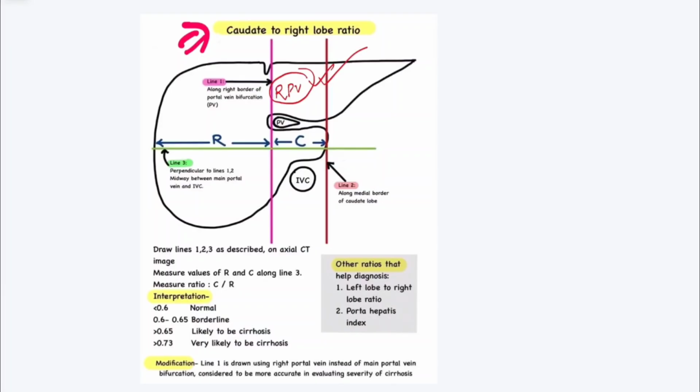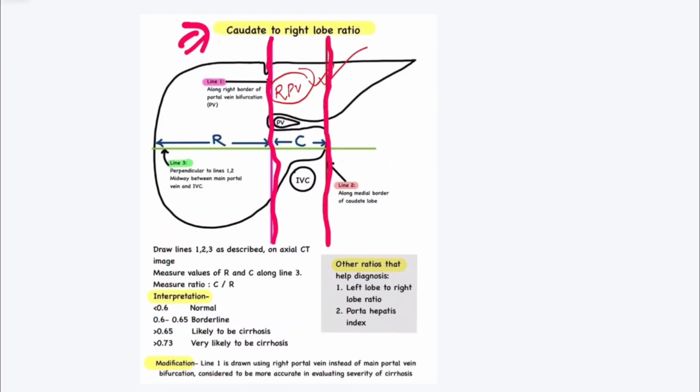We have to draw two lines. Line 1 is drawn along the right border of the bifurcation of the right portal vein. Line 2 is drawn along the medial border of the caudate lobe.